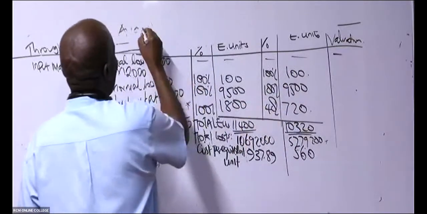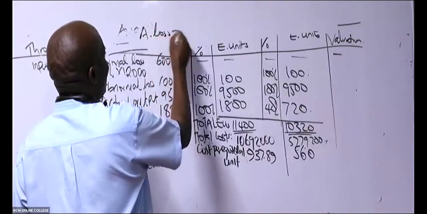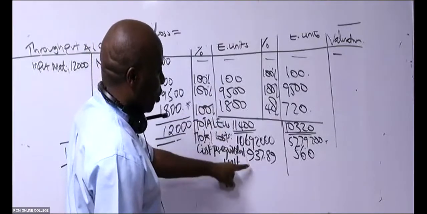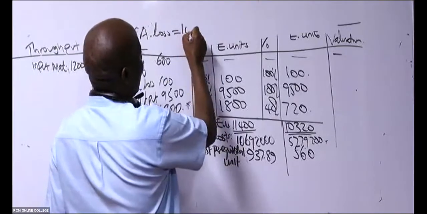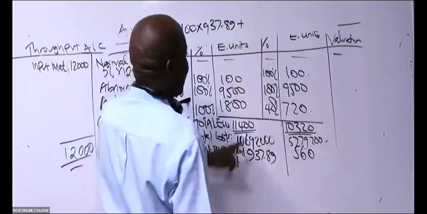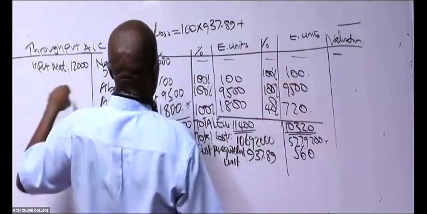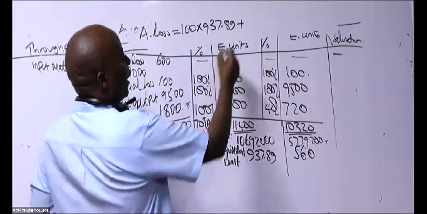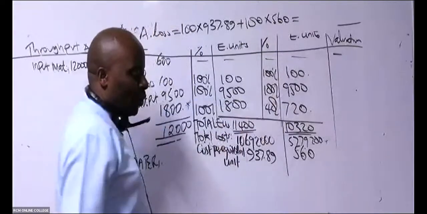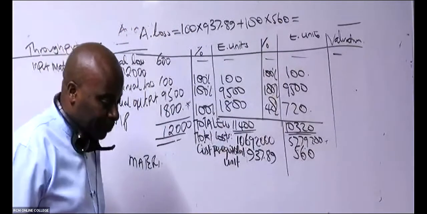Abnormal loss valuation, I will take in this case 100 times cost per unit here. So 100 times 937.89 plus 100, because I'm tracking the abnormal loss, 100 times 560. So is there somebody who is able to give us this answer?